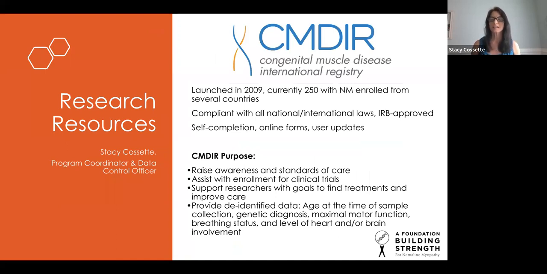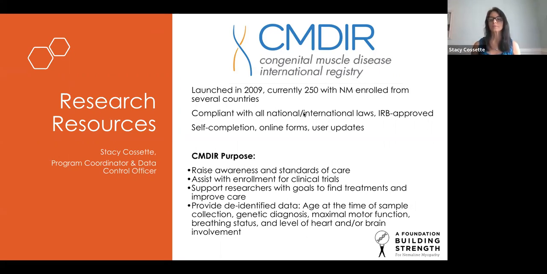Okay, next, I'd like to get into a little bit about the registry. The patient registry was launched in 2009, and currently we have 250 identified as Nemaline myopathy enrolled from all across the world. This program is compliant with all national and international laws and is IRB approved.